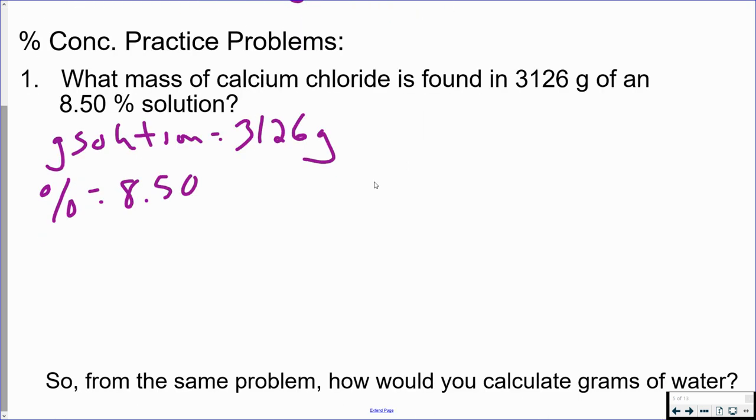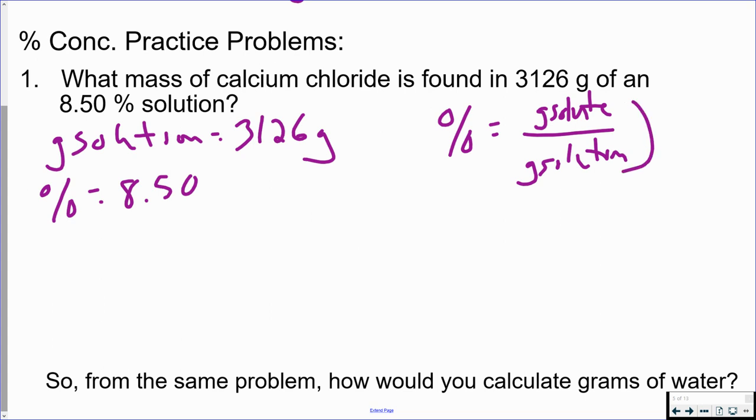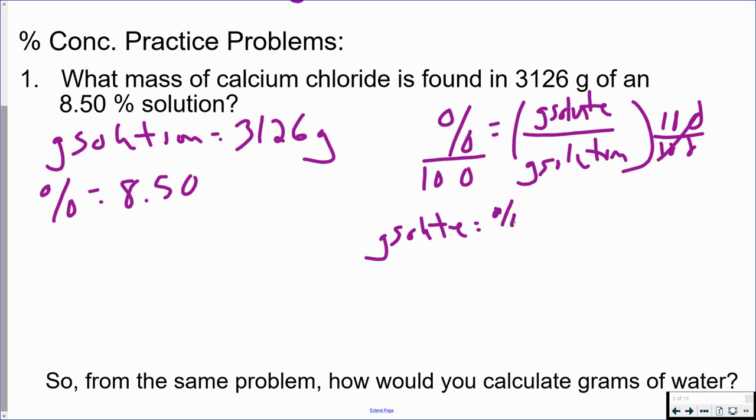So what we're going to do is, in our equation, we need to isolate grams of solute. So first thing that we're going to do is divide by 100 on each side, and then we're going to multiply each side by grams of solution. So what it ends up being is grams solute is equal to the percentage over 100, putting it back into decimal form, times grams solution.